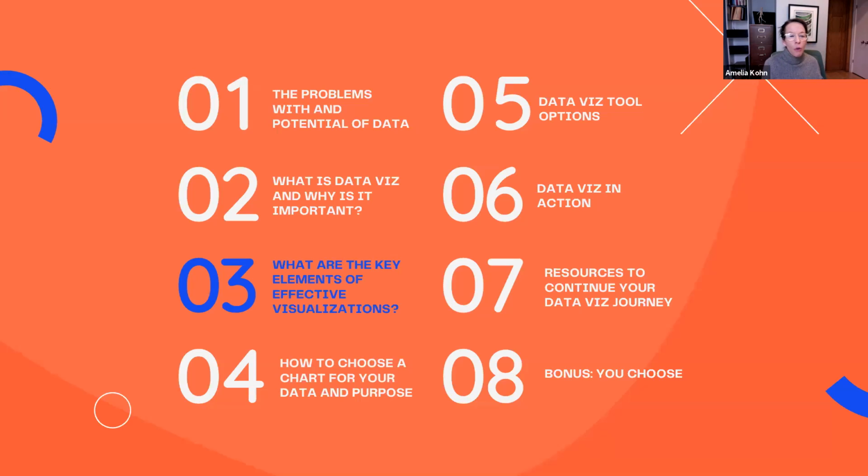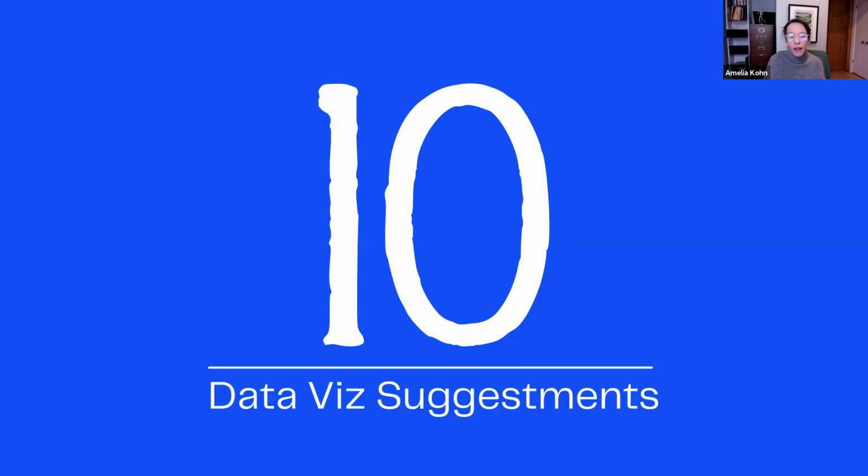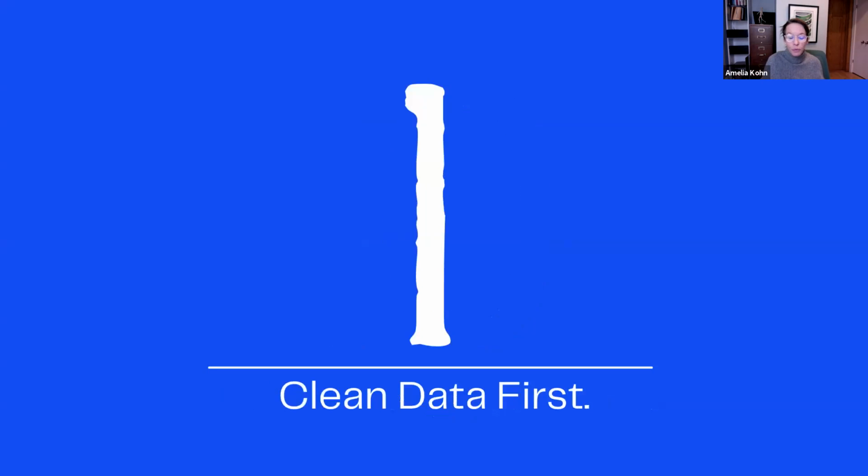Okay, so what are some key elements of effective visualizations? I'm going to give you 10 DataViz suggestments. Of course, they're not commandments because they don't always apply, but in my experience, if you follow these 10 suggestions, you'll always be able to turn a good visualization into a great one.